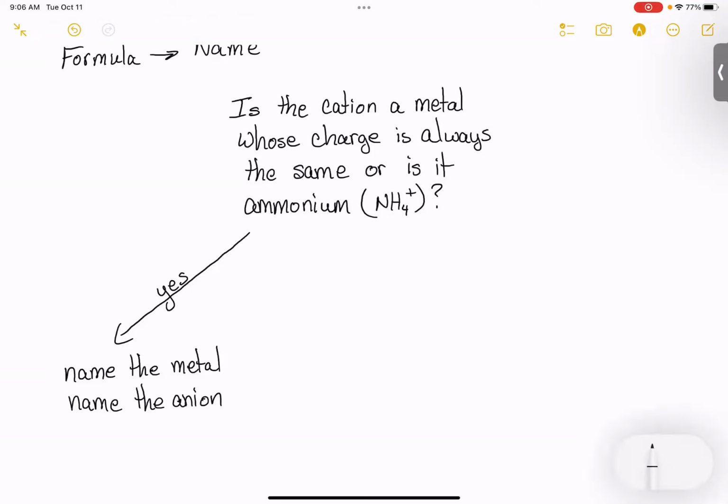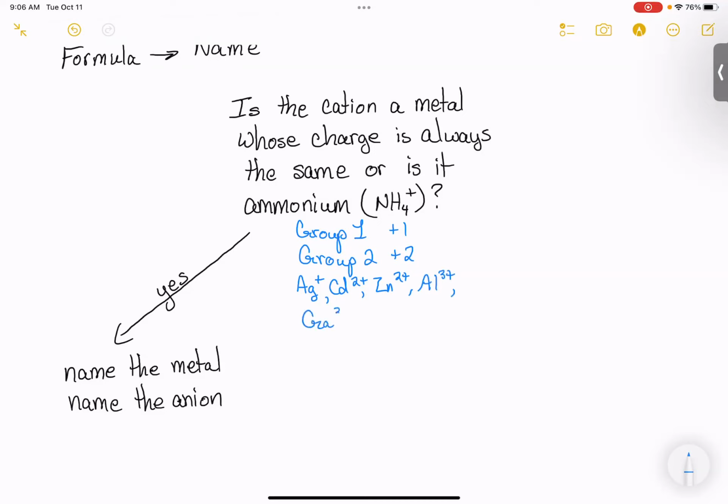As a reminder, this is specifically group 1 is a +1, group 2 is a +2. Then we're talking about silver, cadmium, zinc, aluminum, gallium, and indium.